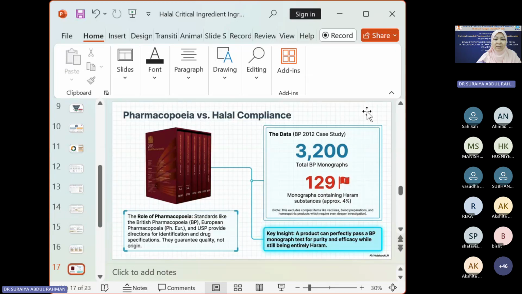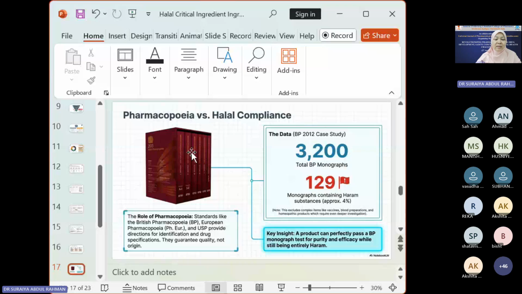This study done in 2012, they looked at the monograph information of around 3,200 ingredients listed in the British Pharmacopoeia, and out of the 3,200 ingredients, they found that only 129 actually contain haram substances, because in the pharmacopoeia they will say what is the source of the material.